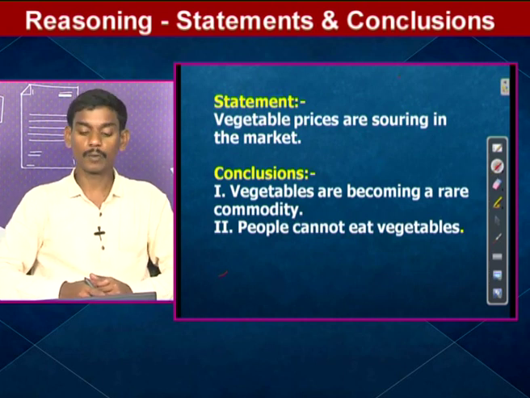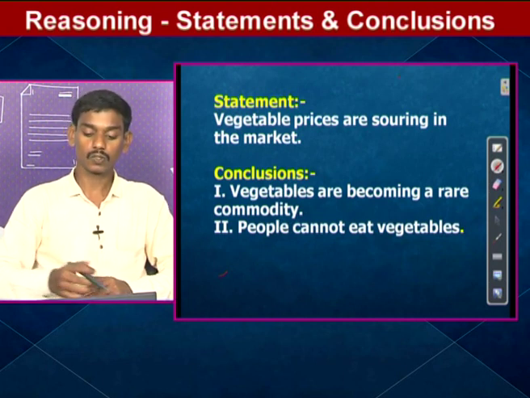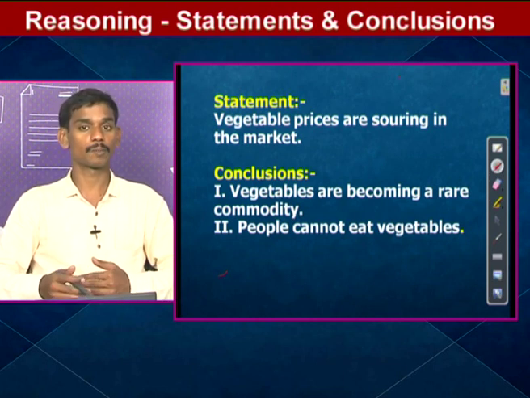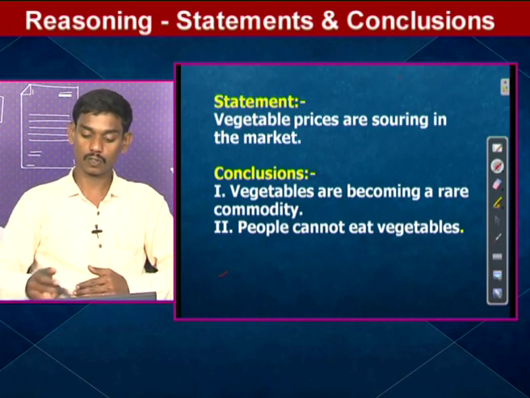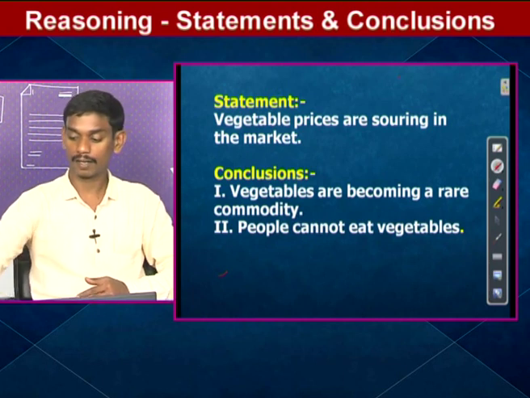So here, what is the statement? Vegetable prices are soaring in the market. This is the real society we also see daily, where vegetable prices are increasing more and more. So what about vegetables becoming a rare commodity? We are not talking about a rare commodity in the given statement.